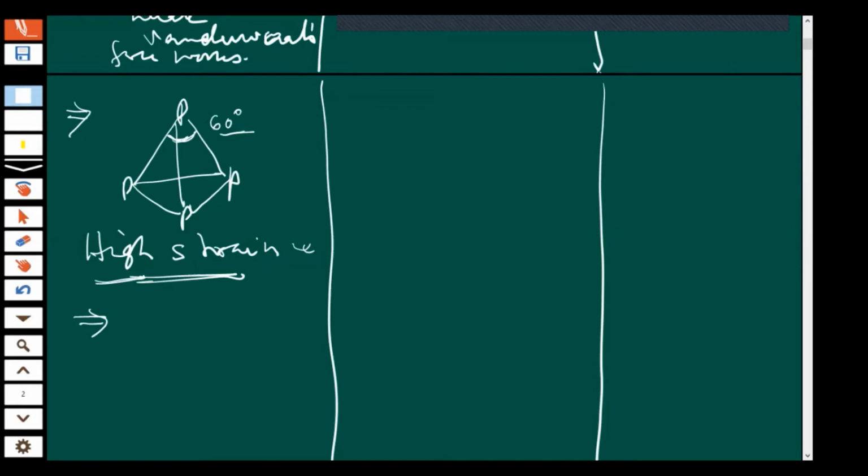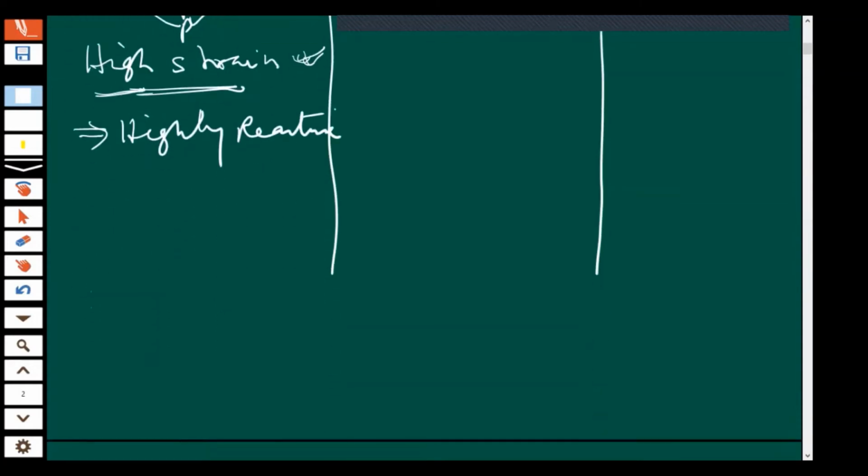So they immediately want to break these bonds. Whenever they get opportunity, they want to break the bond. Okay, so they are in waiting position. As soon as somebody gives a chance, immediately they break the bonds and are ready to react. So we can say that they are highly reactive, because the bonds are in high strain.